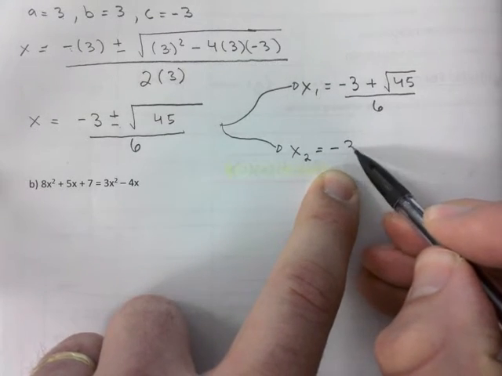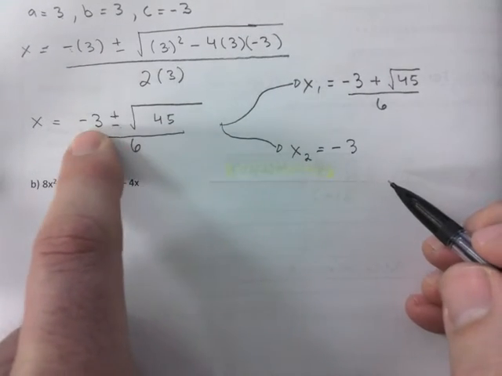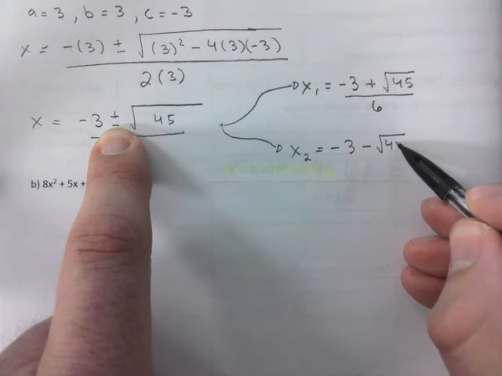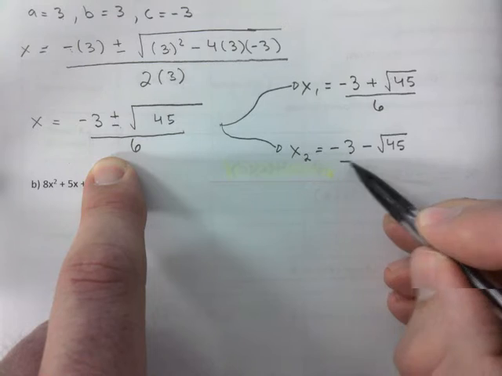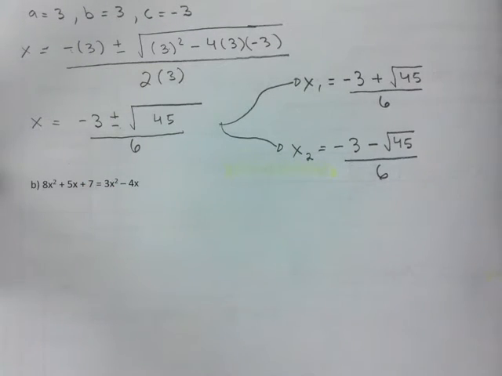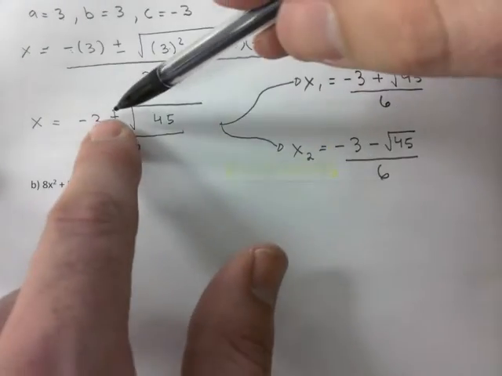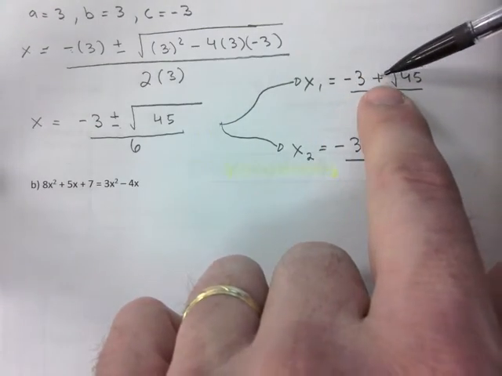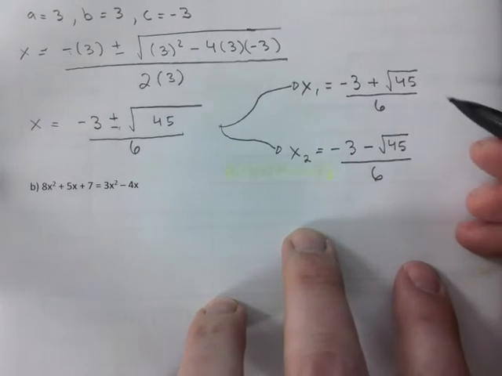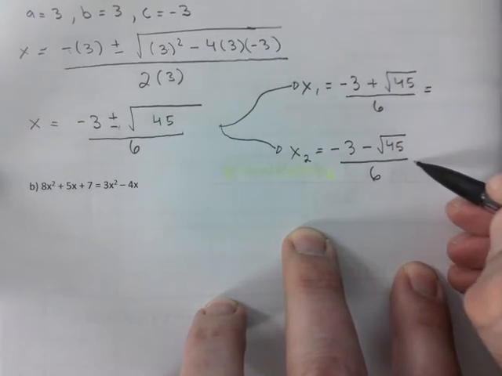I'm going to go negative 3, right, as I'm reading here, minus root of 45 over 6. You see that, right? I use the plus to get one root, and I use the negative to get me my second root.